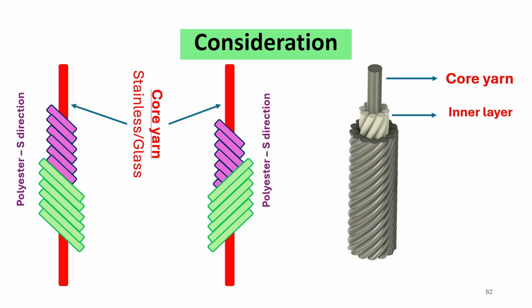In the second layer, staple polyester is used, in S direction here and in this case also S direction.